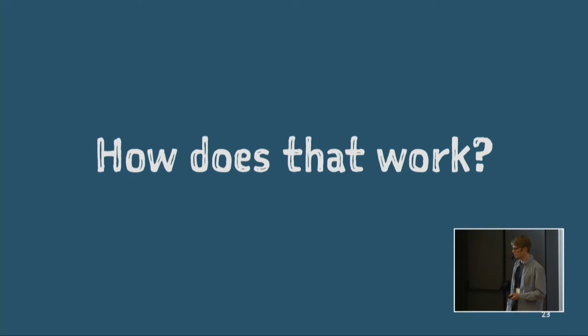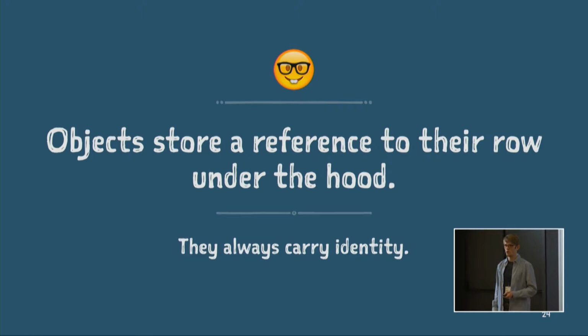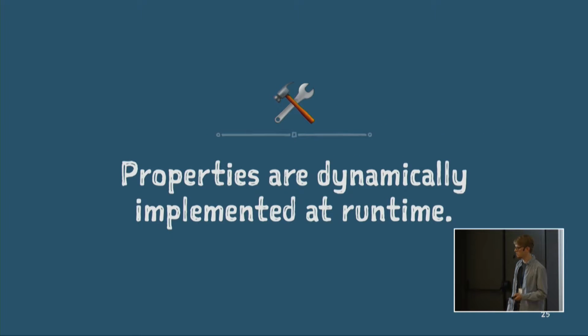So how does that work under the hood? Objects store a reference to the row, and so always carry identity, in comparison to the value objects we have seen before, which don't have any identity. And I said I would explain later why this is dynamic.